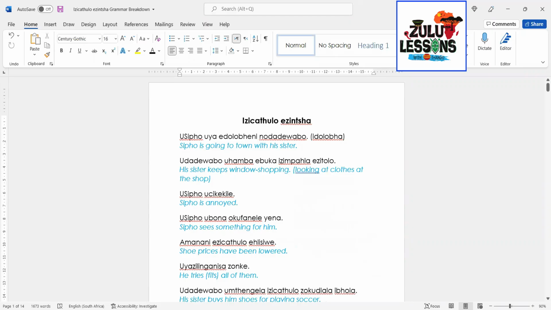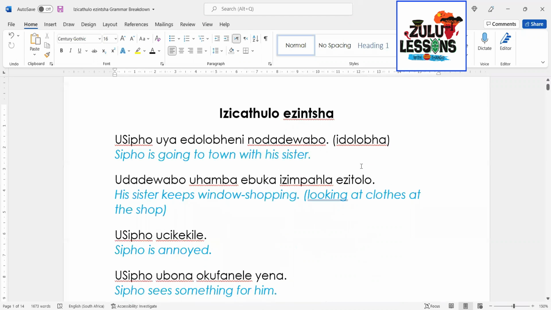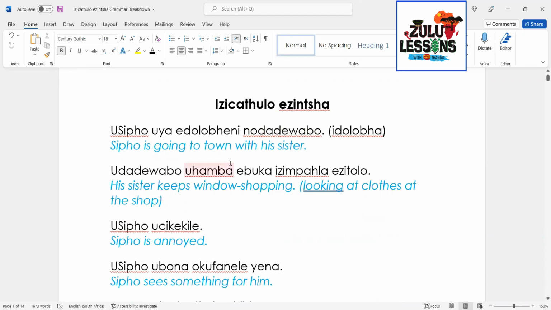Now that we've looked at the story from the website, let's just have a look at the translations for each sentence. uSipho uya edolobheni nodadewabo. Sipho is going to town with his sister. Udadewabo uhamba ebuka izimpahla ezitolo.